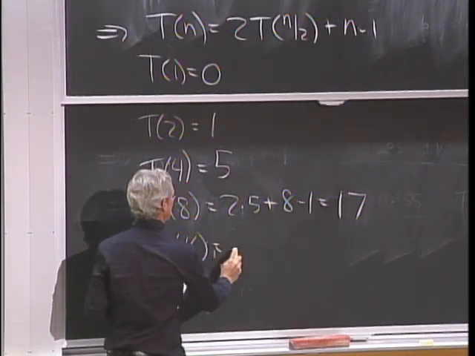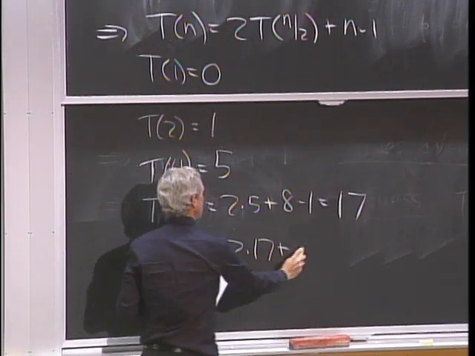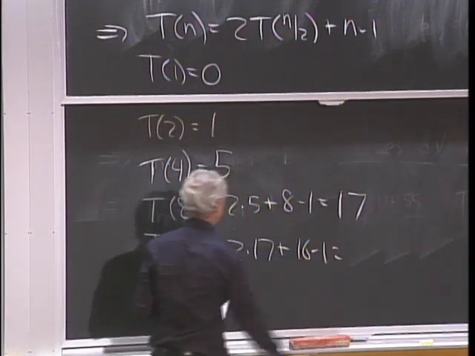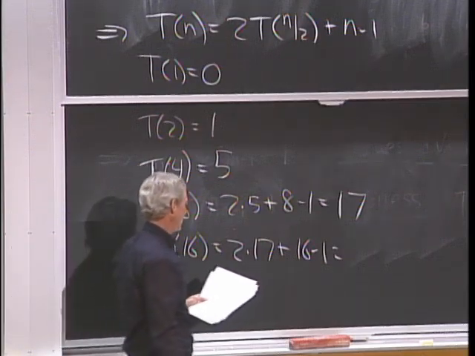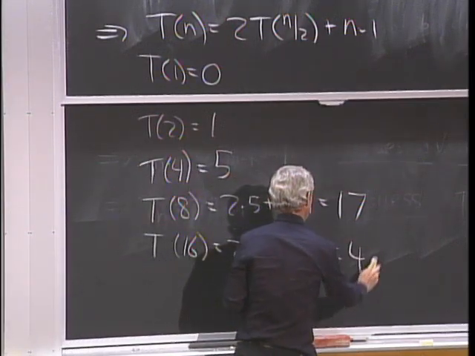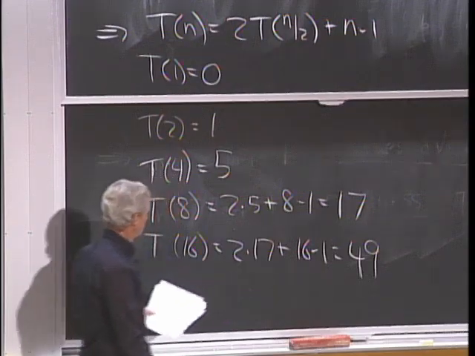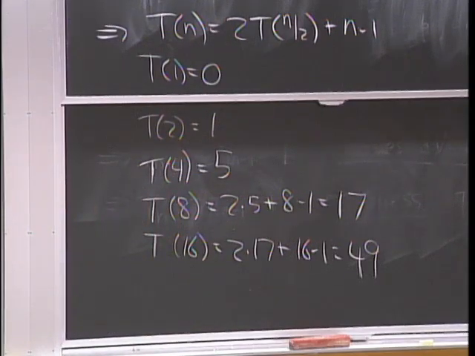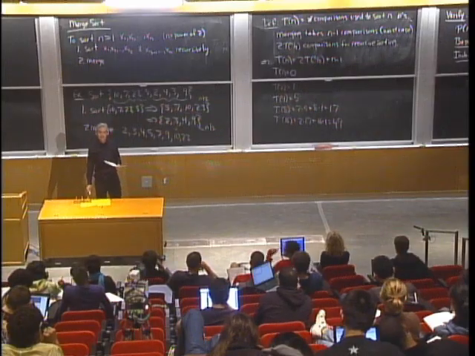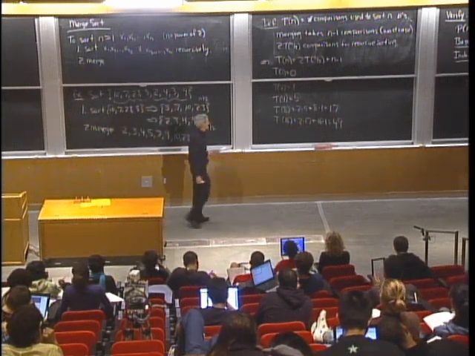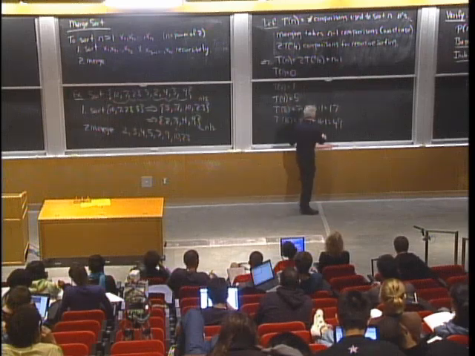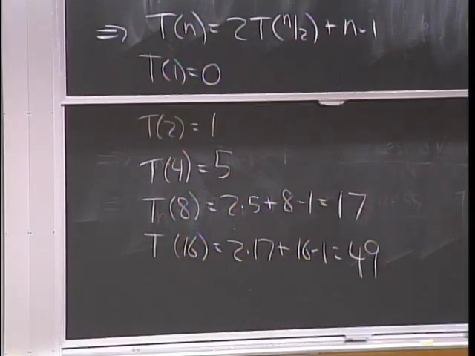T(16) equals 2 times 17 plus 16 minus 1 equals 34 and 15 is 49. Is that right? Any guesses? You're not going to guess this, and that happens. I mean, a miracle could happen. You get a divine insight and guess it, but I think it's not likely.